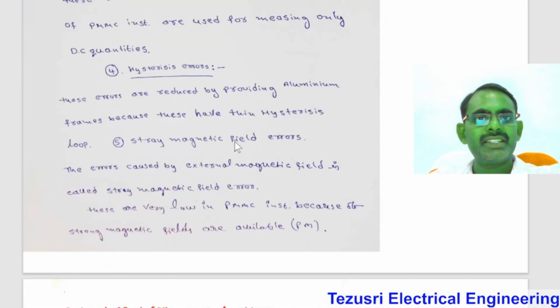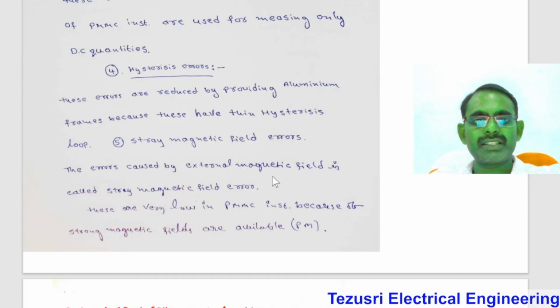Next, hysteresis errors. These errors are reduced by providing aluminium formers because these have a thin hysteresis loop. When aluminium formers are used, the hysteresis errors are also reducible.